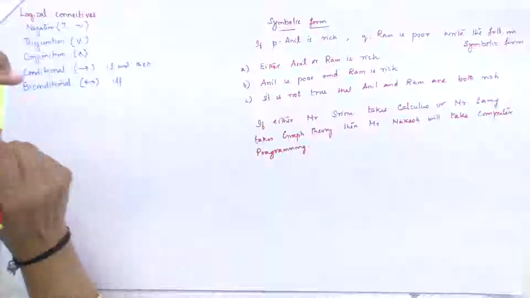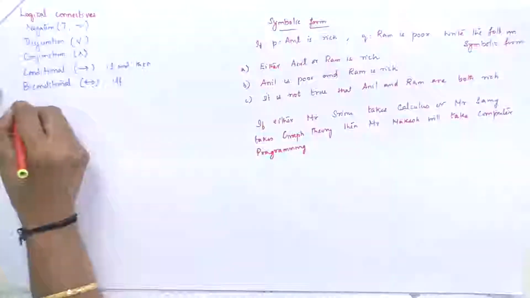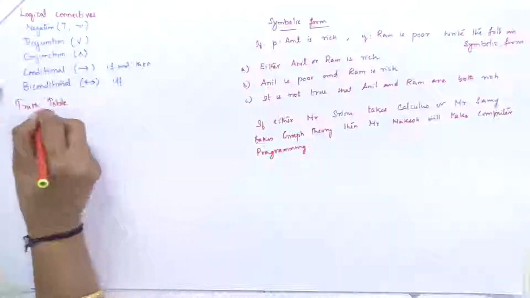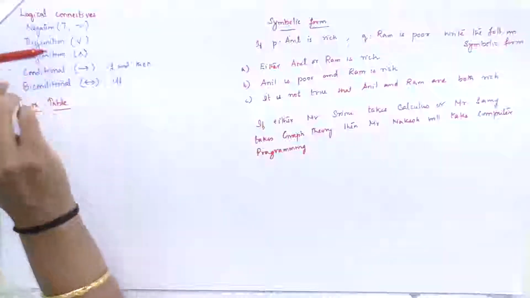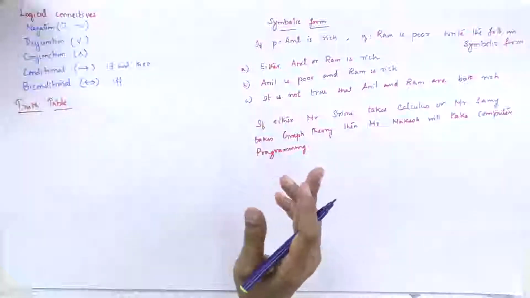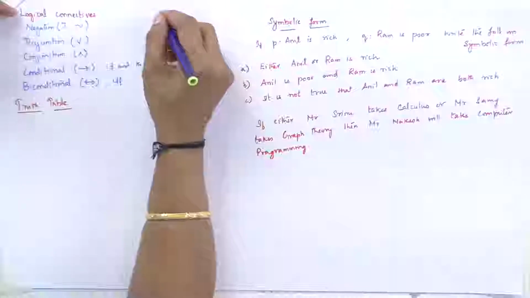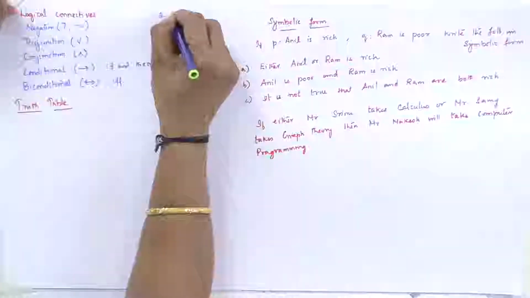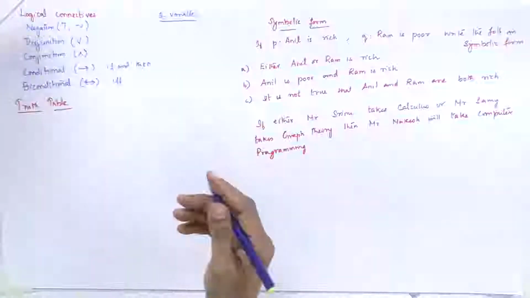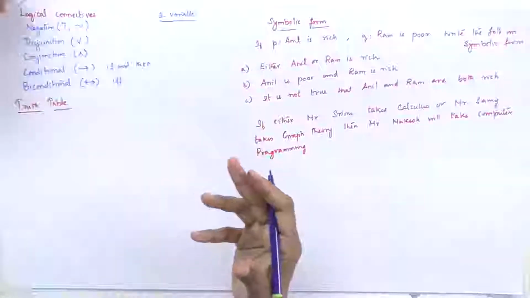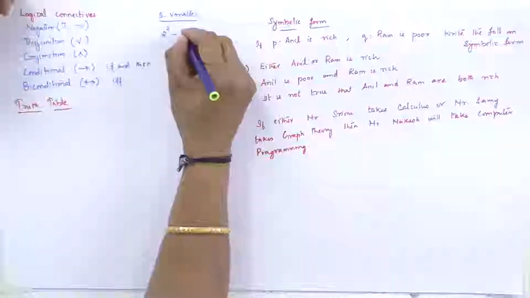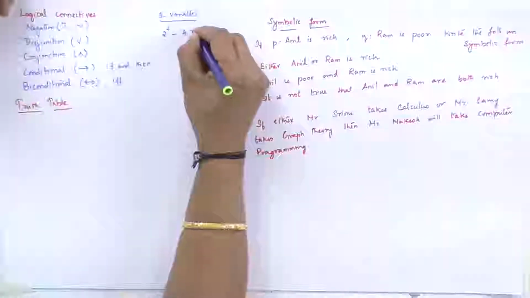These are all the connectives we saw in the previous session, and today we will see the construction of the truth table. Even before we enter into the construction, suppose we have 2 variables in a statement. How many rows do we have in the truth table? It is 2 power 2, which means 4 rows.